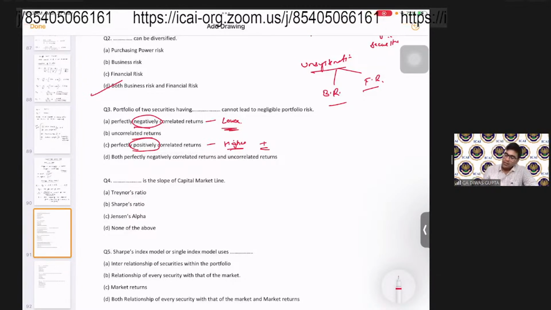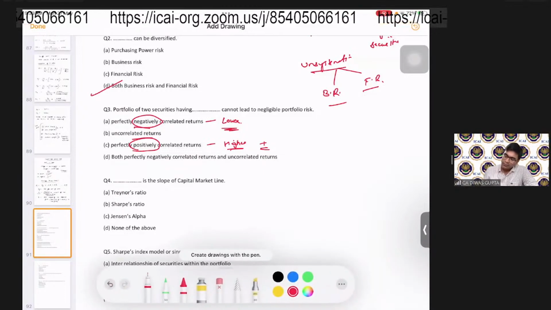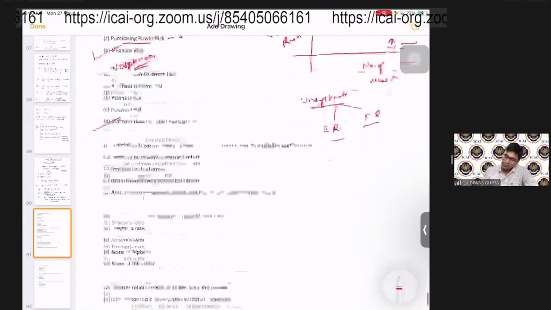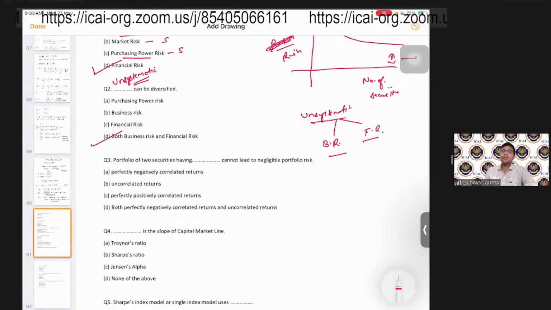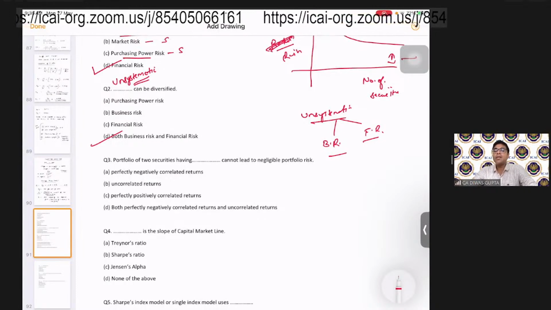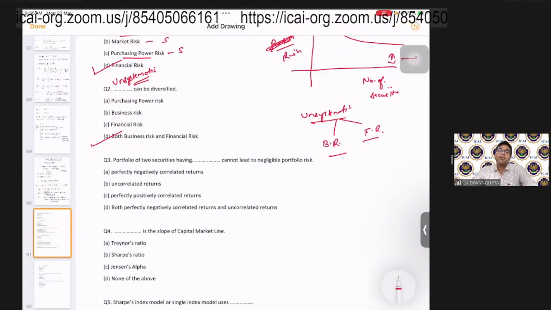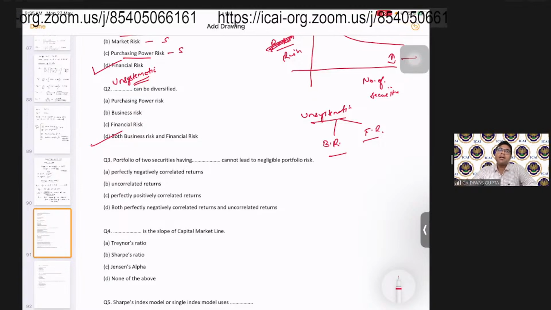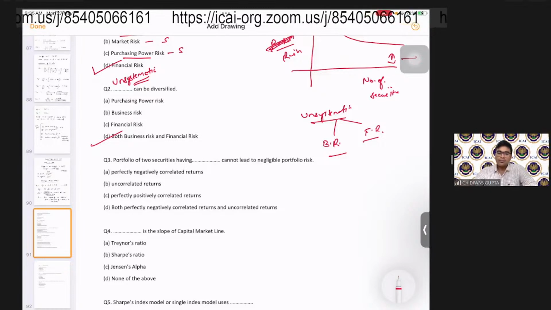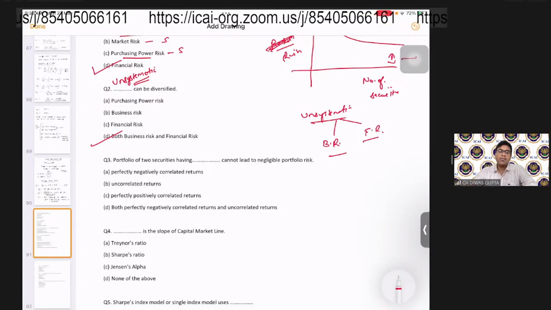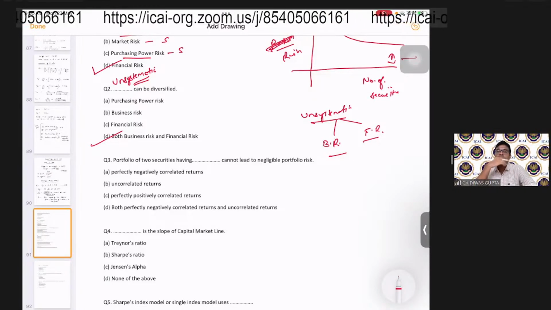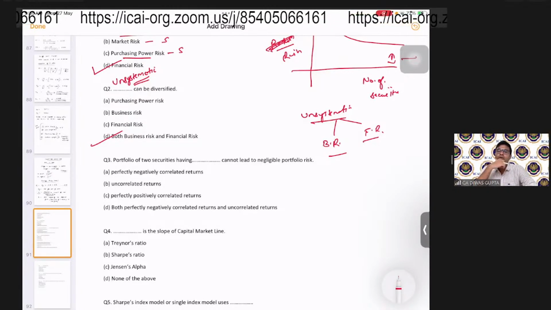So the correct answer is, students, come on, tell me now. Which possibility rules out that the portfolio risk can be negligible? That is what the question is asking you. Yes, Abrikesh, perfect. Viraj, Rolina, very good, you are answering quickly now.